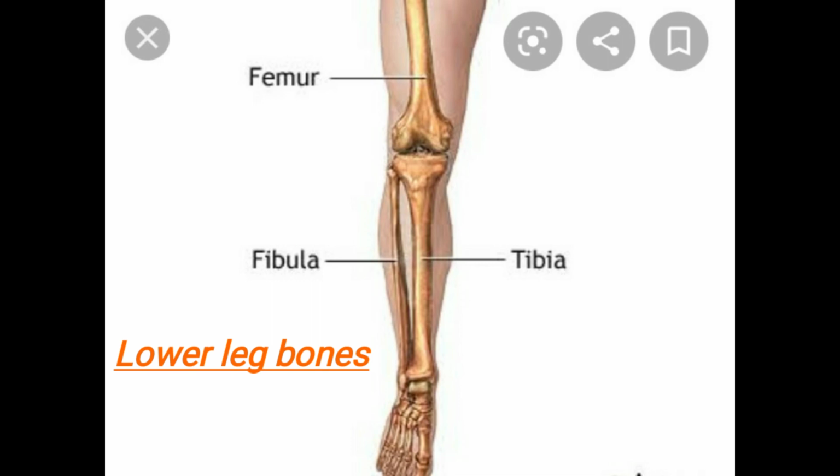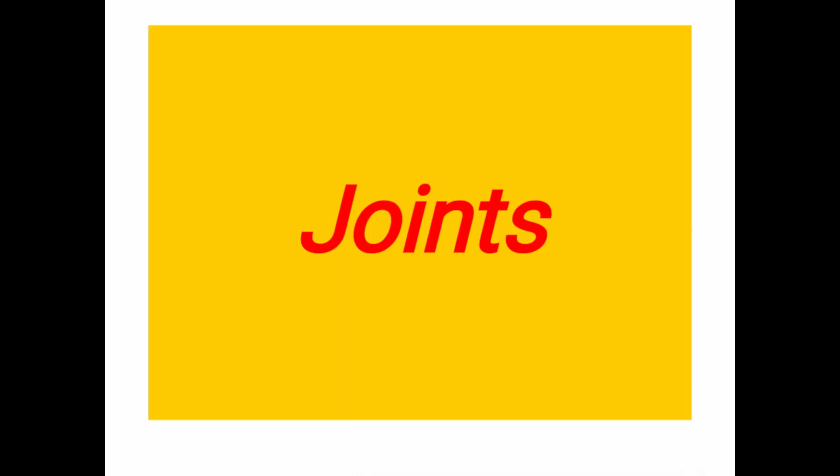Lower leg bones. The lower leg includes the region from the knee to the ankle and has two bones called the fibula and tibia. Our foot contains 26 small bones. Half of the bones in our body are located in the hands and feet.